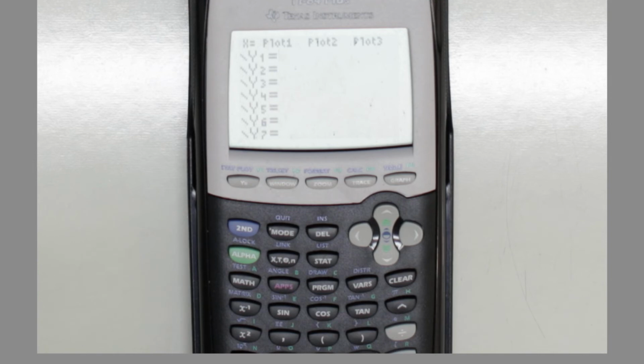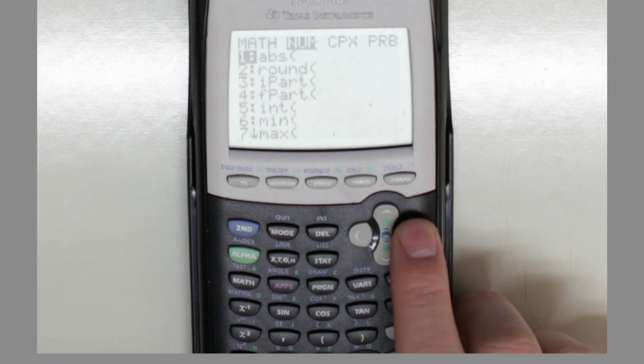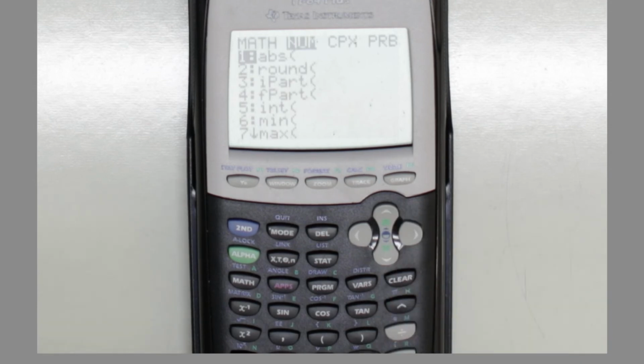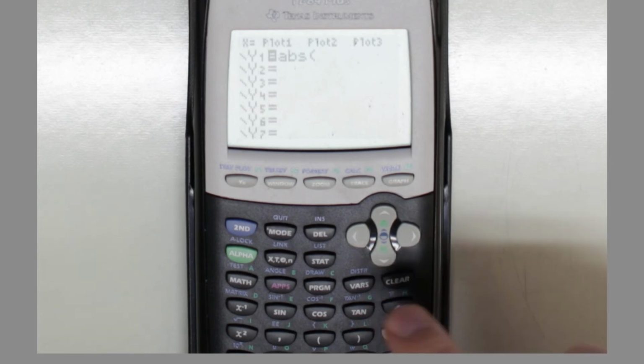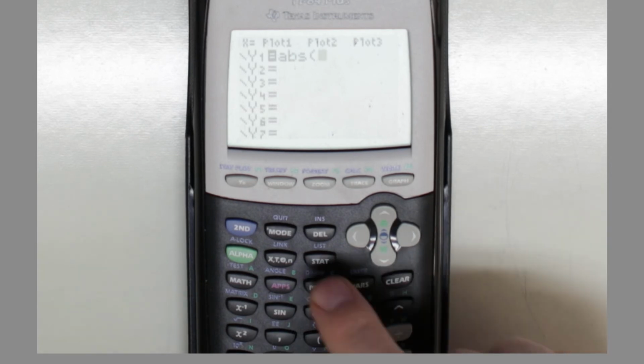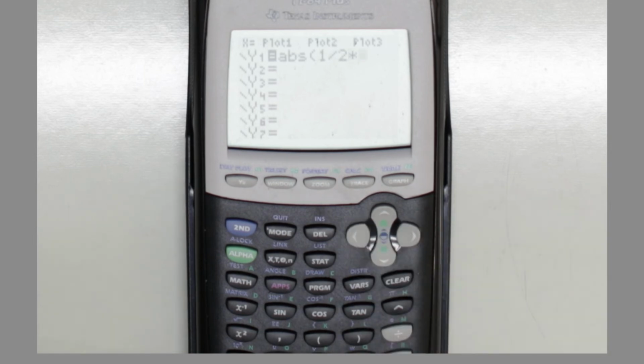So you're probably wondering to yourself, where do I find the absolute value? The answer to that is in this button right here. It's called math. So we type that in, and you go right here. There's the ABS. You hit that, and then you punch in your function. So this is going to be 1/2, 1 over 2, times, you don't need the times, I guess.